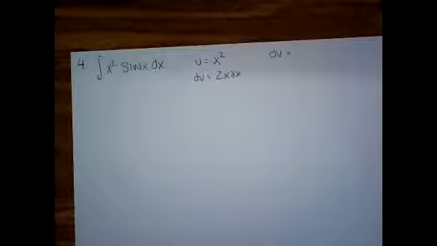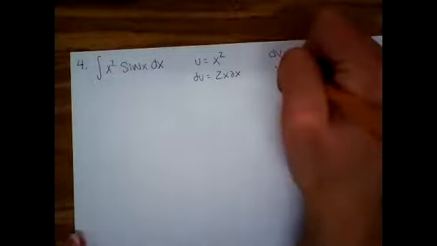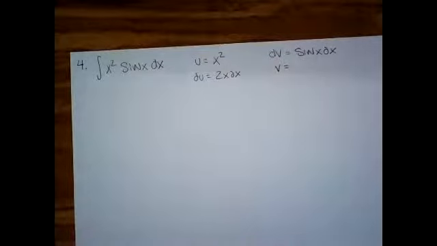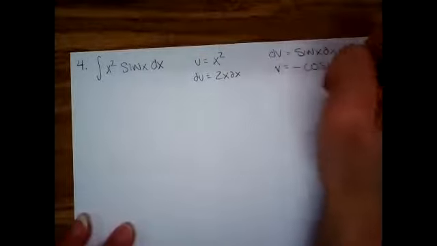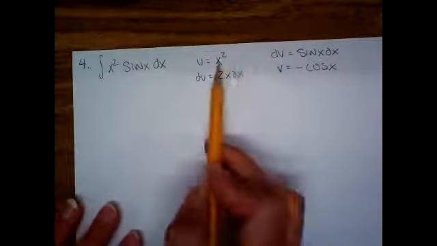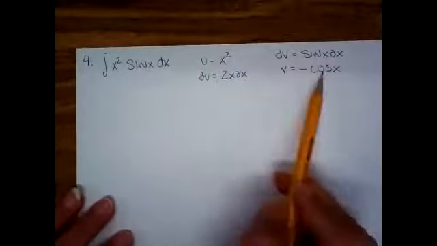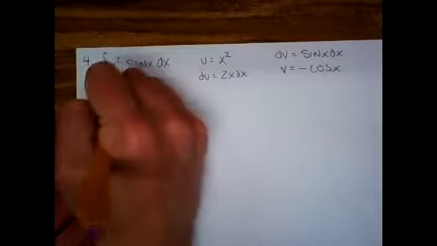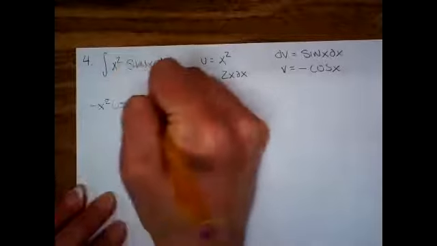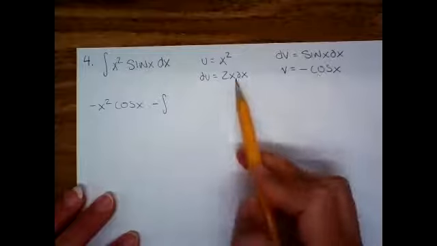So we want dv to be sine of x dx. Antiderivative, that would be negative cosine of x. Perfect. All right, so it's going to be u times v. So that is going to be negative x squared cosine of x minus integral v du.